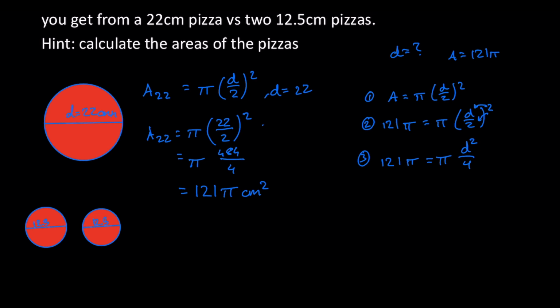Now we want to get rid of the bottom of a fraction, so we multiply. So 4 times 121 pi equals pi d squared.